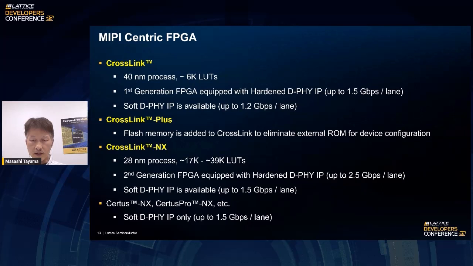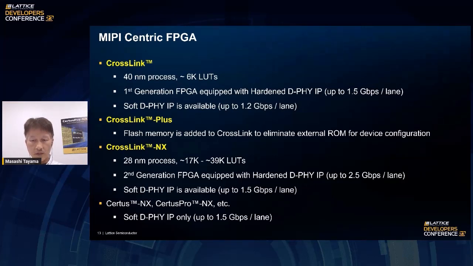CrossLink Plus is a derivative version of CrossLink with built-in flash ROM to remove the external device for its configuration to save power, space, and cost. CrossLink NX is our second-generation FPGA with hardened MIPI D-PHY.